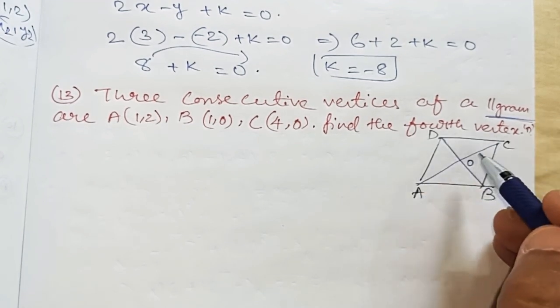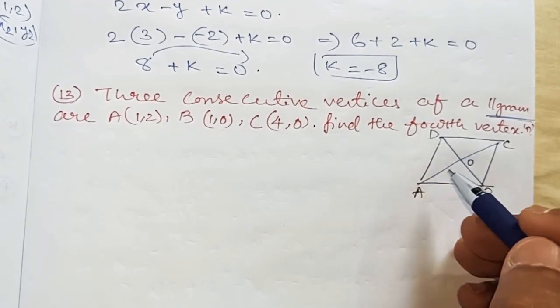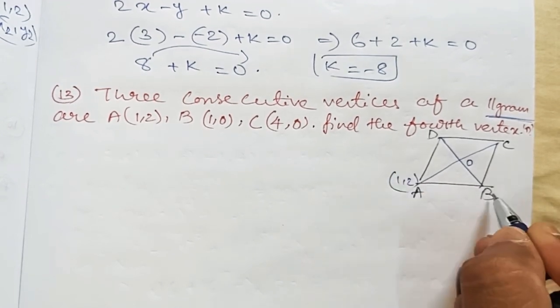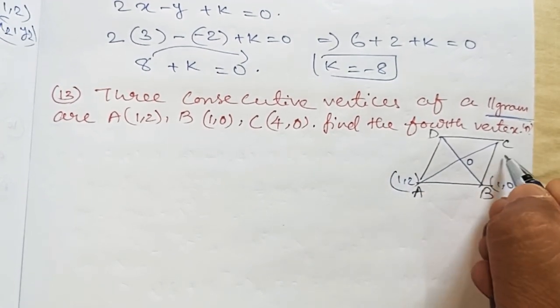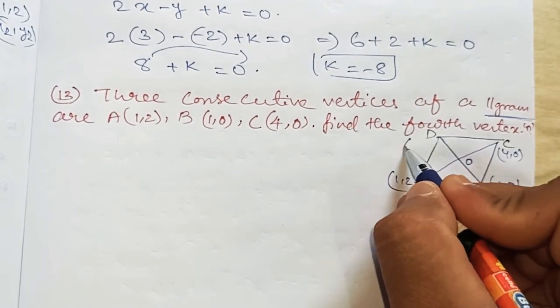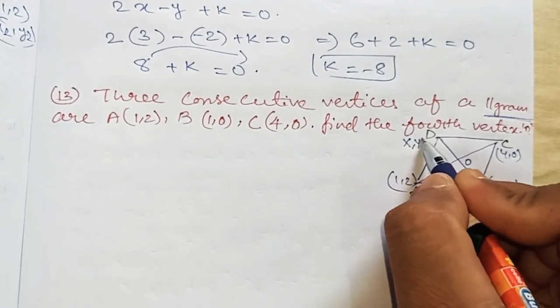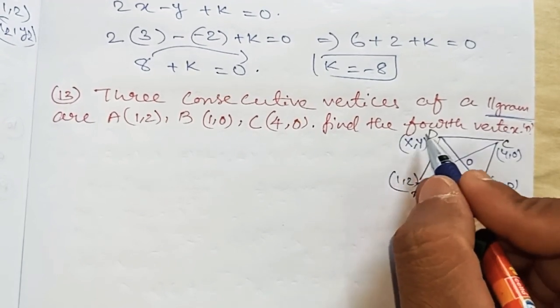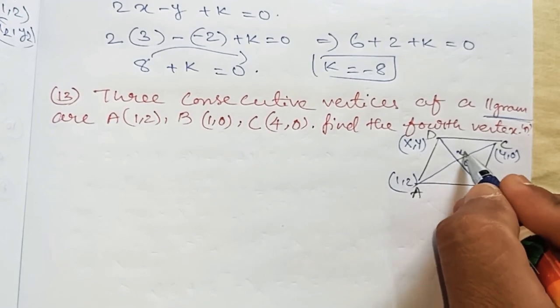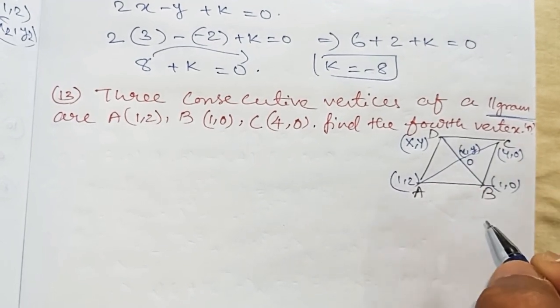And in this question we have to find out the fourth vertex. So this I am taking as 1, 2, 1, 0, 4, 0, and this coordinate I will take as capital X and Y, because the midpoint will be x comma y, that is small x comma y.